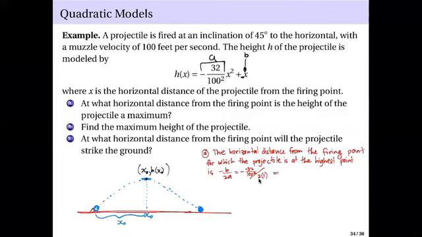Sorry, what am I writing? This is your A. We need it on the denominator. So my apologies. You have here negative 1, that's your B, all over 2 times A. And this is your negative 32 over 100 squared.